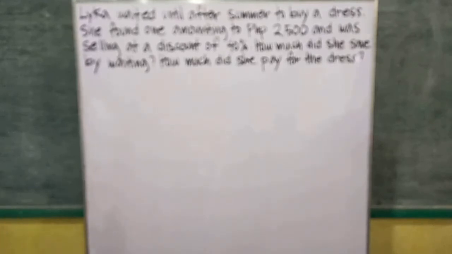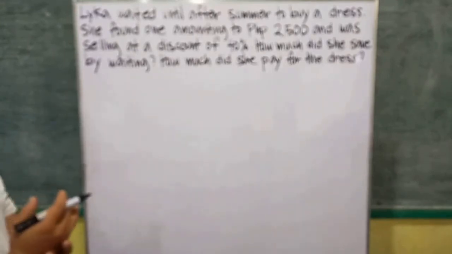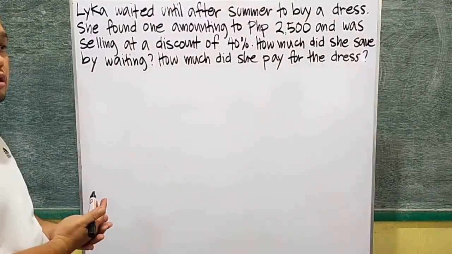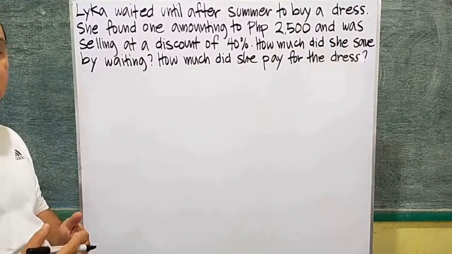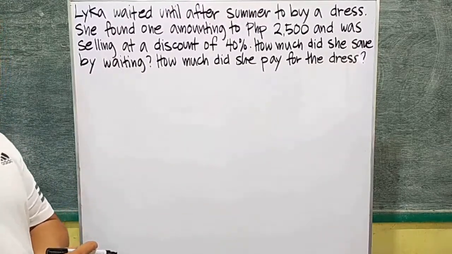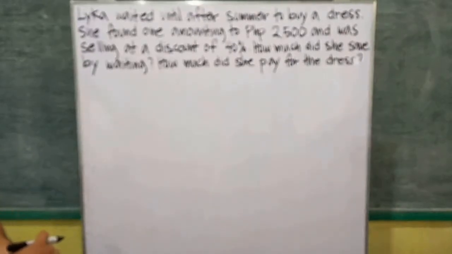Now, let's analyze the problem. Let's get the event. The character here is Laika. She wants to buy a dress, and she found one, but it sells at a high price. So she waited for it to have a discount so that she can buy the dress at a discounted price, which is lower than the original price.